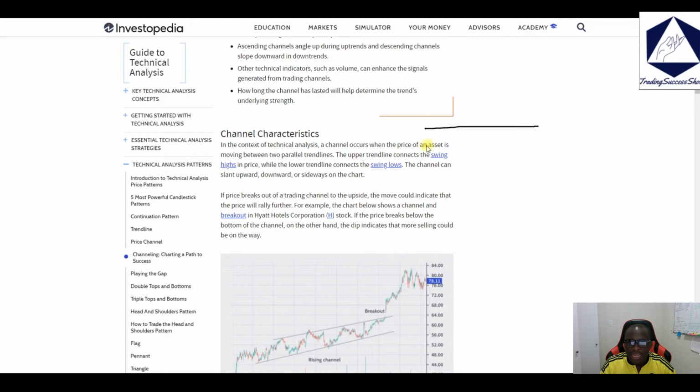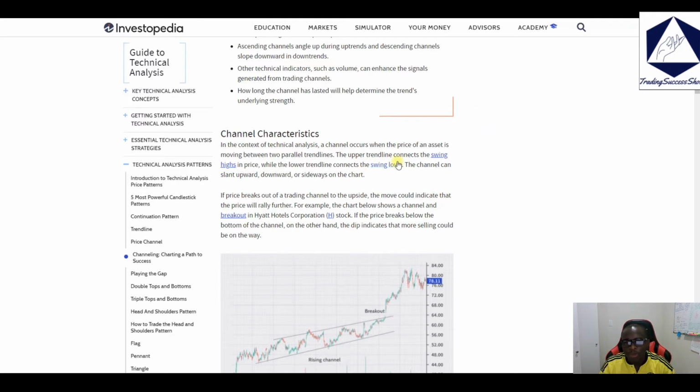So that is what you want to look at. The first line and the second line could be like this or like this. It could be a consolidation channel, an uptrend channel, or a downtrend channel. Whichever the case, you want to be able to determine which one it is.